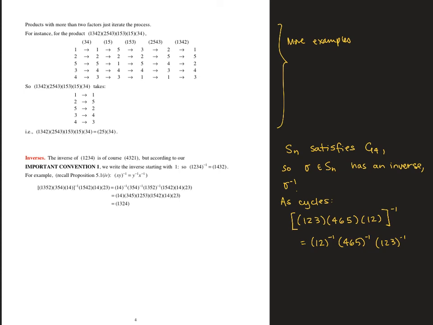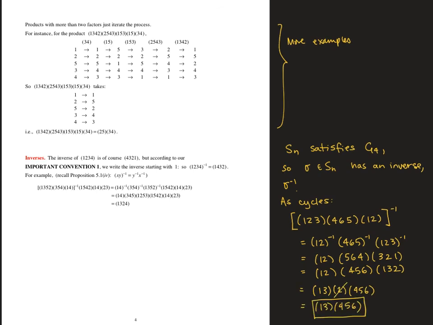We can work that out in a couple of steps and then rewrite it according to the conventions for writing down cycles with the smallest number first. And we end up with the permutation 1, 3, 4, 5, 6 as the inverse for this product of non-disjoint cycles. By the way, if you wanted to know what the original cycle was in disjoint form, you can take the inverse of 1, 3, 4, 5, 6.